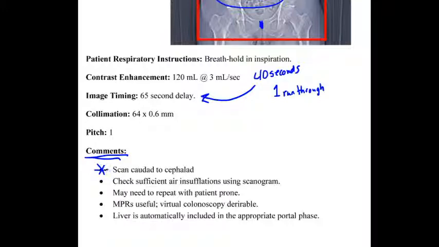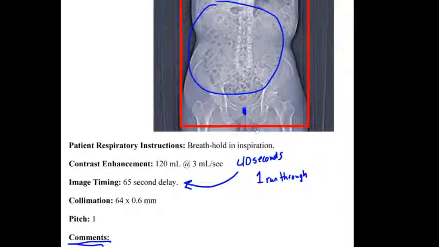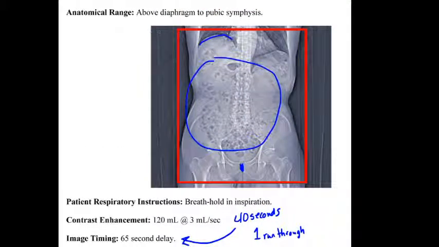We definitely have to look at the comments. You might want to make a star by the first one. The book recommends scanning caudad to cephalad. In terms of looking at this scan, most of our scans are accomplished going down. Your arrow will be going down, and so you're scanning from the diaphragms down to the pubic symphysis.